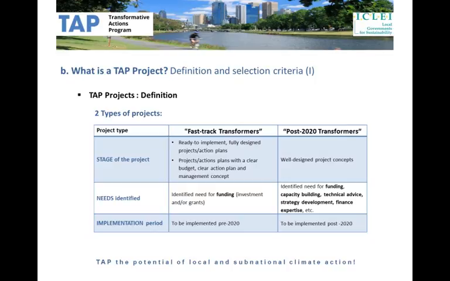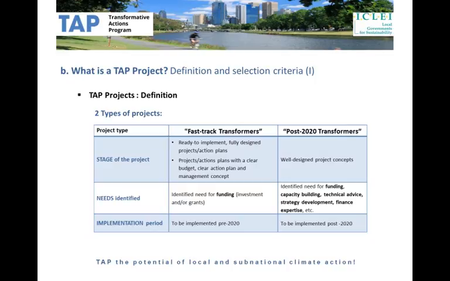Then in terms of the needs identified to enable the implementation of the project, either there's only a need for additional finance, either through investment or grants, or the project not only requires additional finance, but also additional advice and expertise in terms of capacity building, strategy development, technical and financial advice, etc.